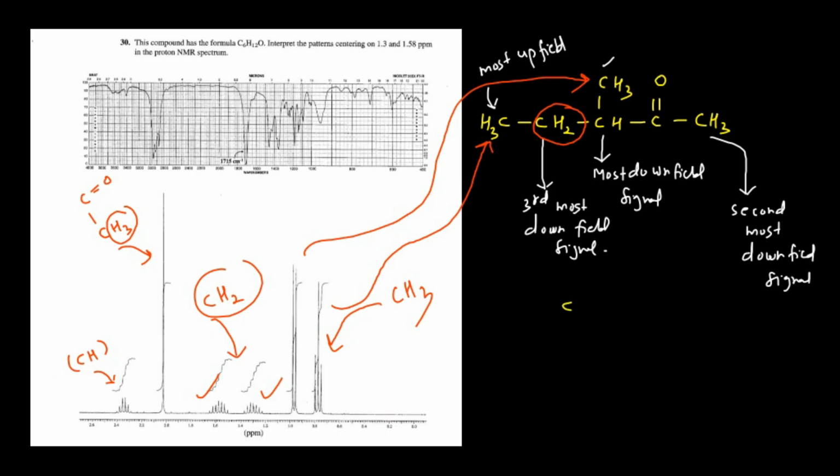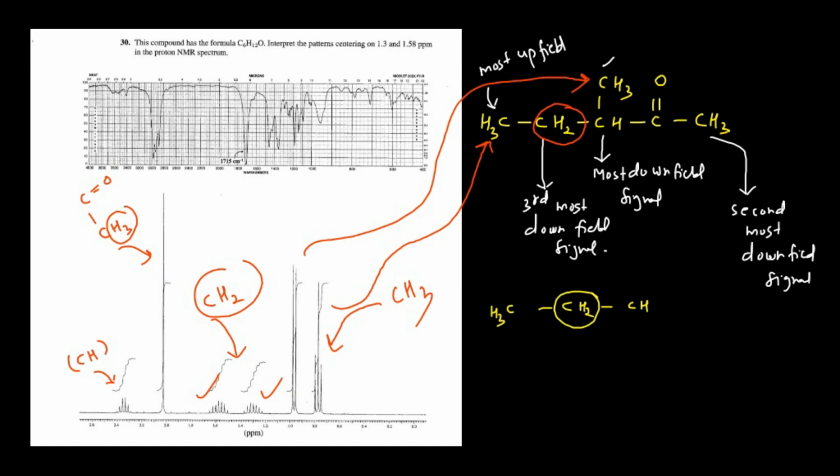Say this is my CH2 group, and this is connected with the CH here, and here it is connected with the CH3, right? And we are going to decide the splitting pattern of this one. So what will happen? This CH2 can couple with this hydrogen, right? And this can also couple with these hydrogens, right?